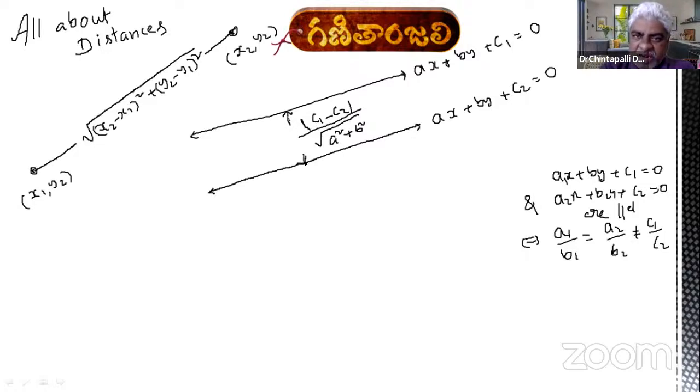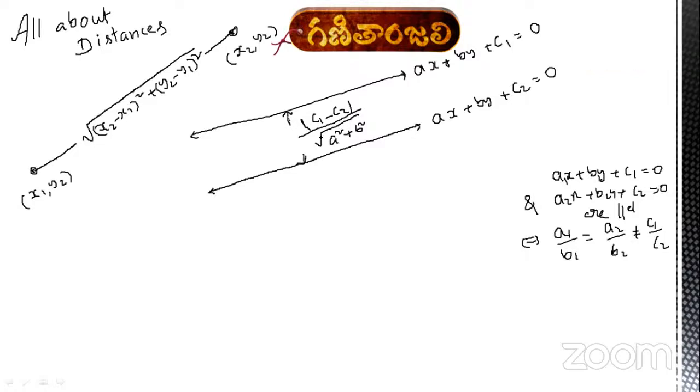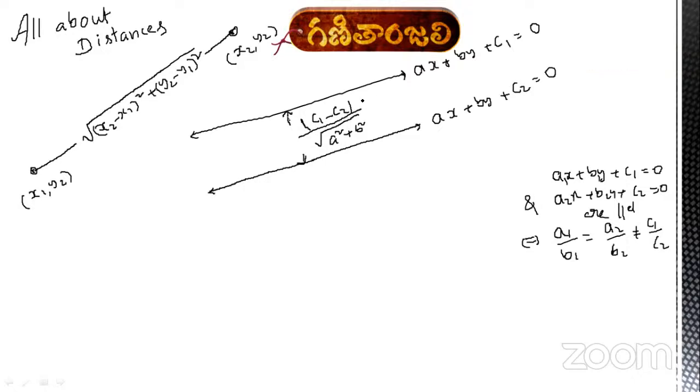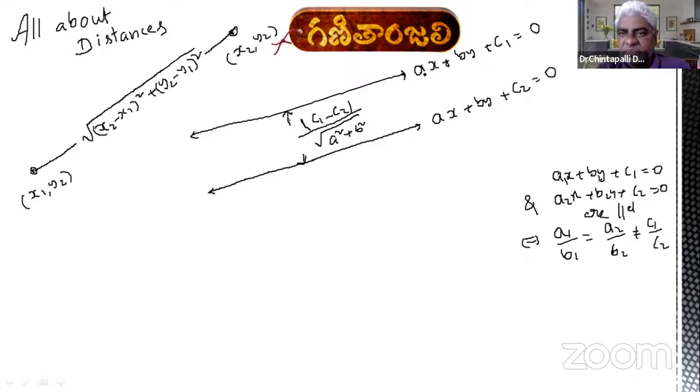Distance between parallel lines formula: modulus of C1 minus C2 by root of A square plus B square. If xy coefficients are equal. But this formula cannot be applied if the xy coefficients are not same.